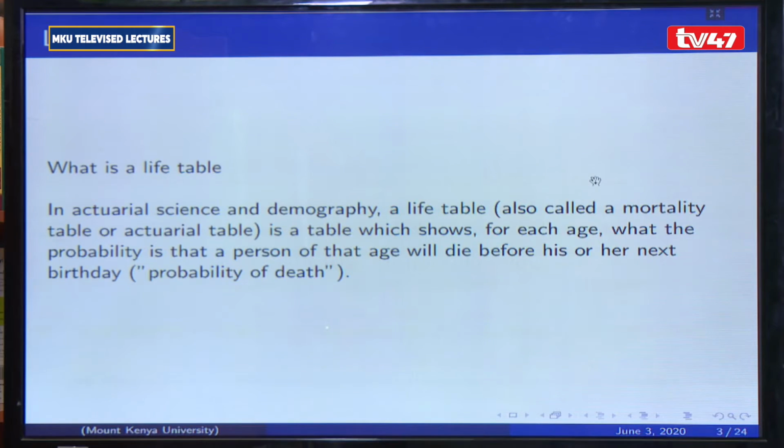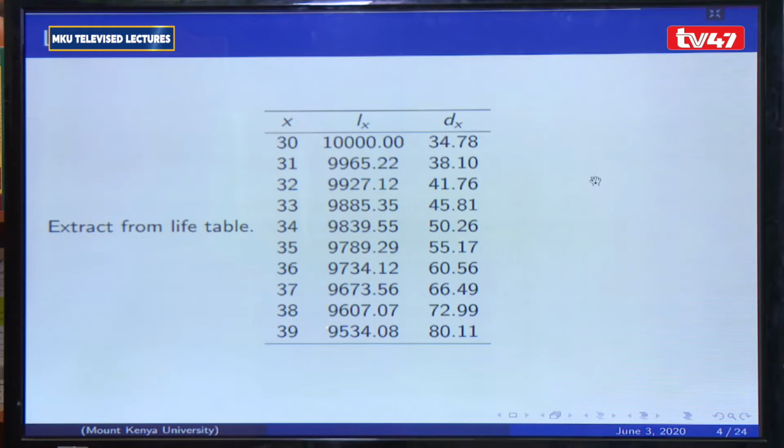In actuarial science and also in demography, a life table is a table which shows for each age what the probability is that a person of that age will die before his or her next birthday. And a sample actuarial table will be like this.